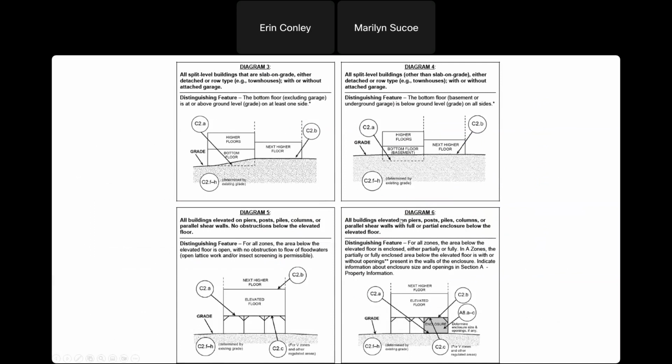Diagram 6 is the one where you have the enclosure of any size, and so you would use diagram 6. Diagram 5 is something that you might see along the Mississippi, where it's an elevated home with no enclosure beneath, or just an elevated home with no enclosures.